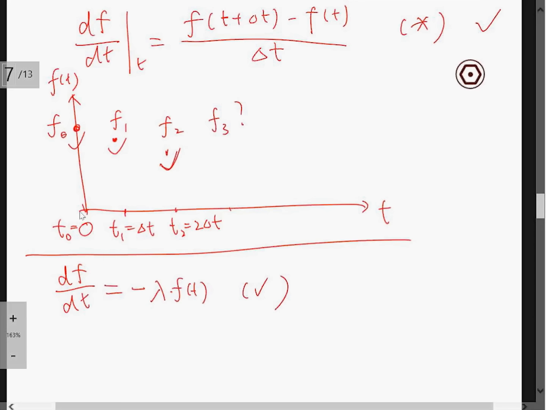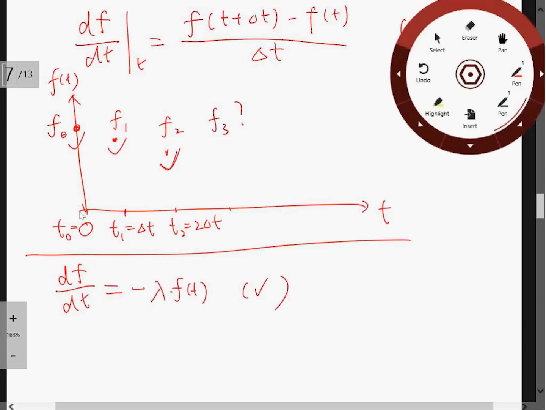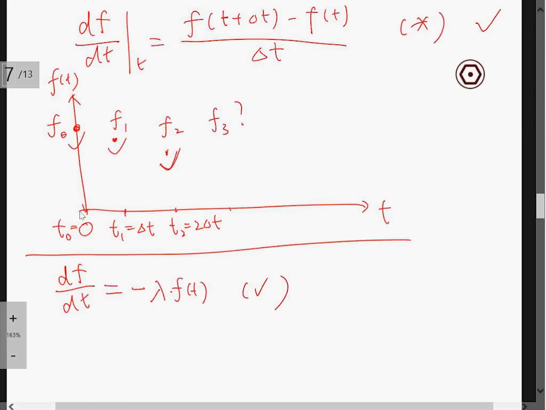Right, we have our function value at f2. We also have an estimate of the derivative at f2, which actually involves the unknown. So let me write this down, it's important.